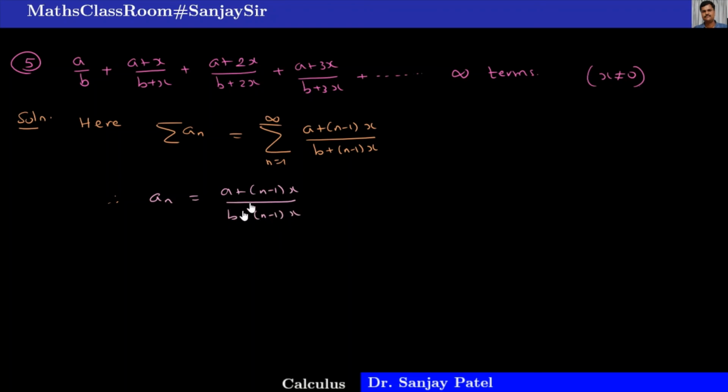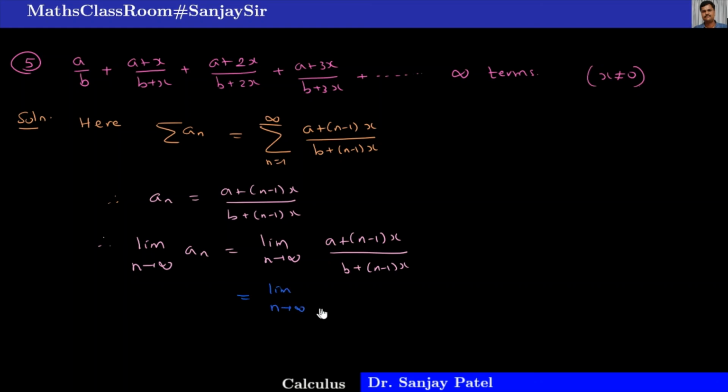Again, it's a polynomial kind of expression in numerator and denominator. So the limit of this an as n tends to infinity is the limit as n tends to infinity of a plus (n minus 1) times x upon b plus (n minus 1) times x. Here also I multiply and divide: I divide every term in the numerator and denominator by n minus 1.